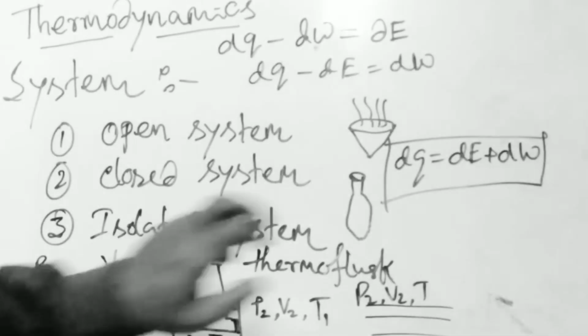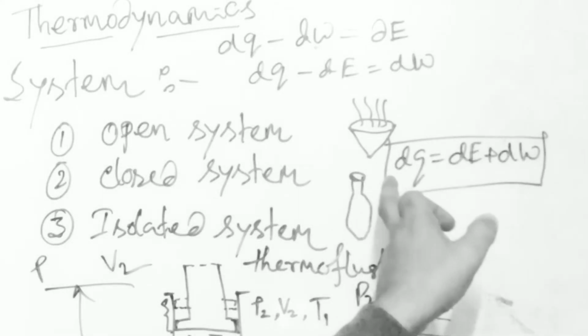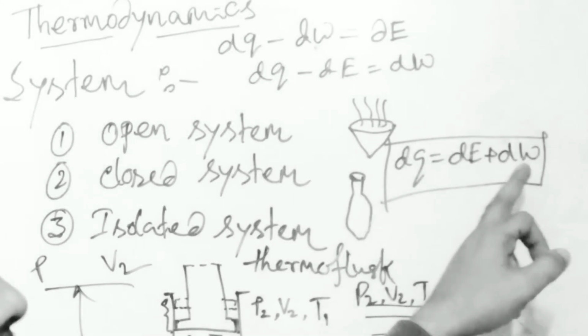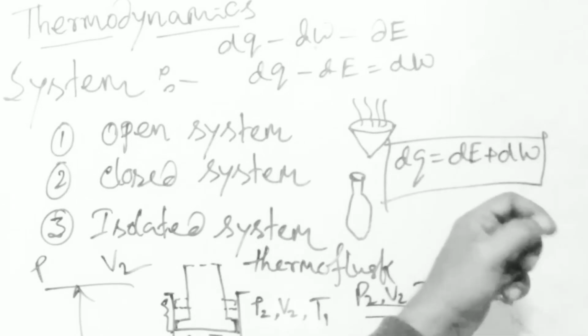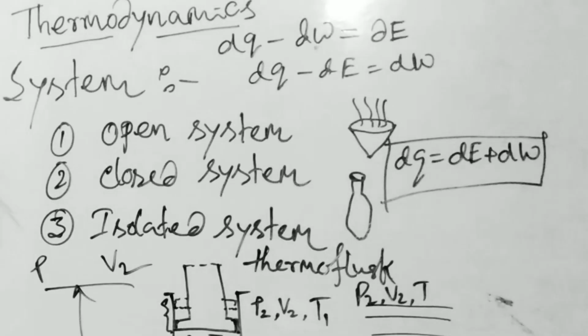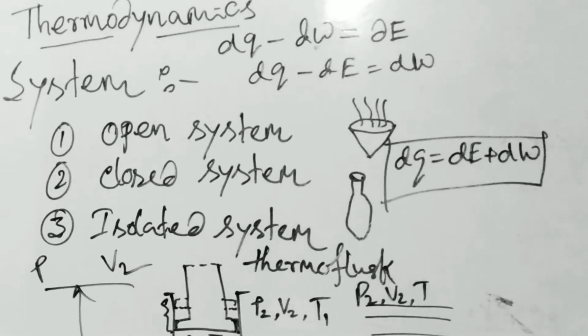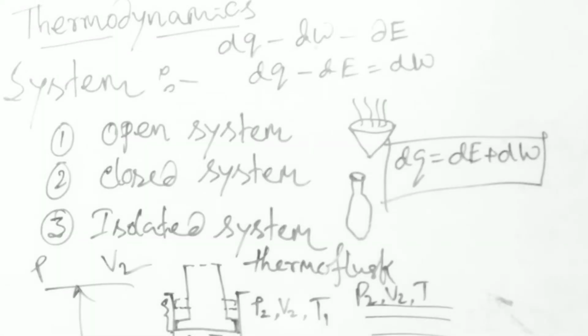Now dq is the amount of heat energy. dU is the internal energy, so it's also energy, and dw is work done, that is also a form of energy. The unit of work done is just the same as the unit of energy. So work done is also a form of energy.